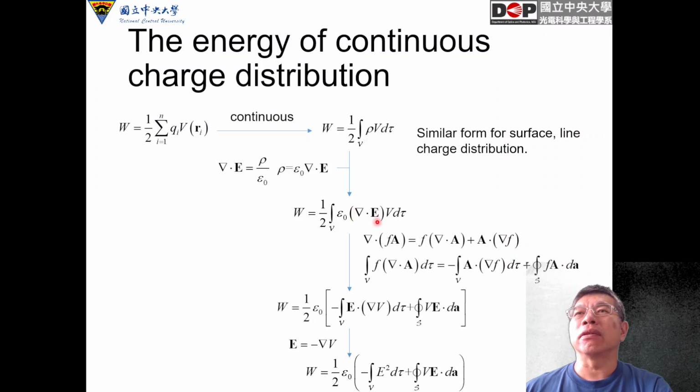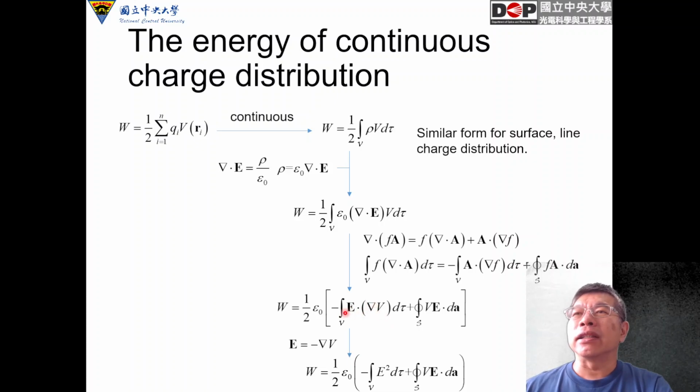And of course, we know the potential and the electric field are related. With an identity in vector calculus, we can replace it just as it is. So now our work can be represented in terms of the electric field and the potential.